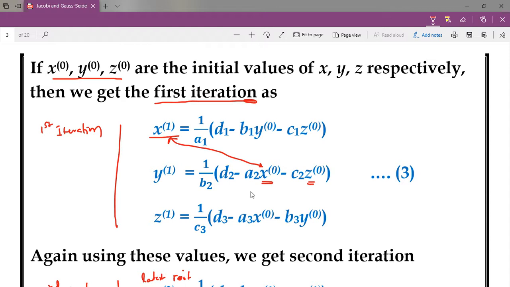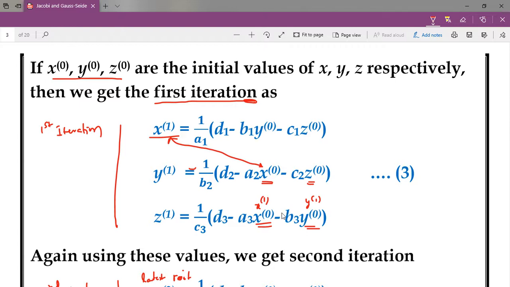Is it possible? Yes. If we use the latest values of x, y, z in the following iterations, then we are going to get the root more accurately. Here we got x1, and that x1 is used in place of x0 to get y1. In place of y0, y1 is used.